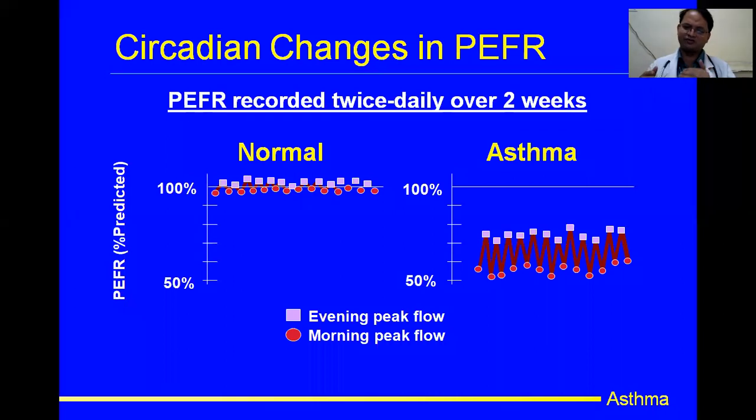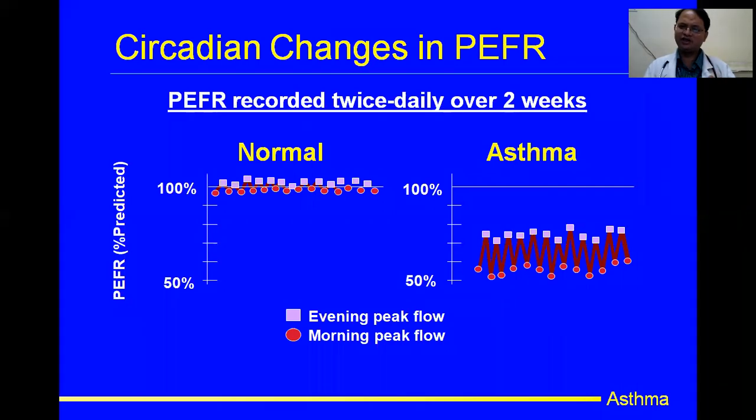The difference between the morning and evening readings will be a minimum of more than 20% in a patient who is having bronchial asthma. So these two things: for FEV1 to indicate that the patient is having bronchial asthma, the difference between pre-bronchodilator and post-bronchodilator FEV1 should be more than 12%.